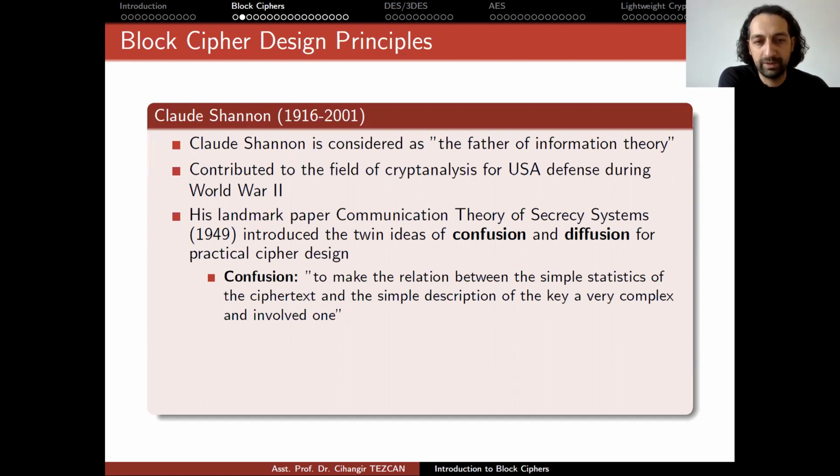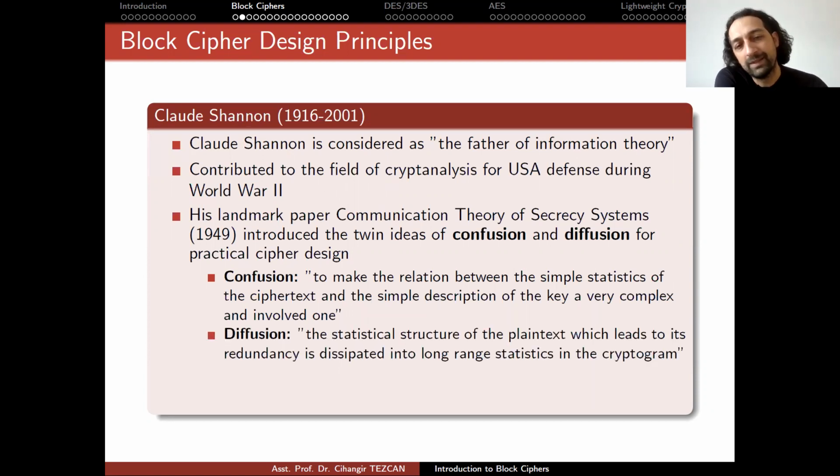The idea behind confusion is as follows. It is to make the relation between the simple statistics of the ciphertext and the simple description of the key a very complex and involved one. And for diffusion, the statistical structure of the plaintext, which leads to its redundancy, is dissipated into long-range statistics in the cryptogram.